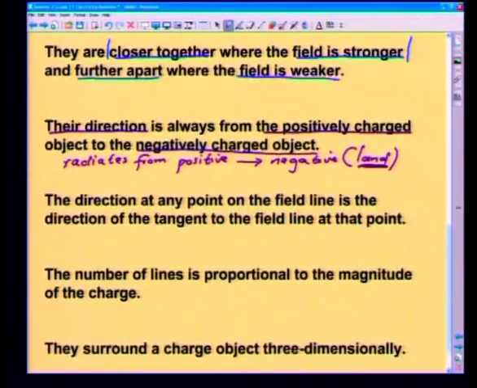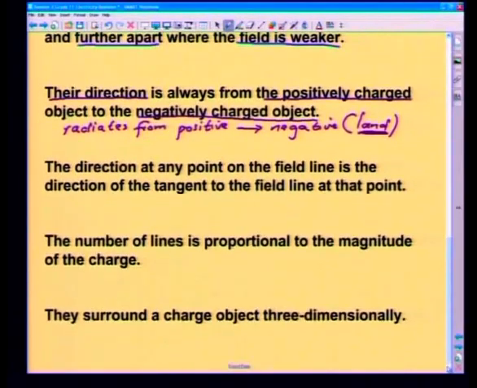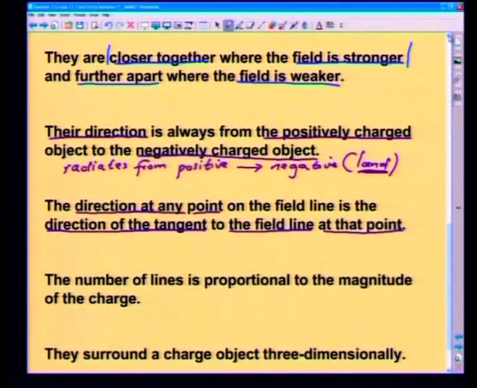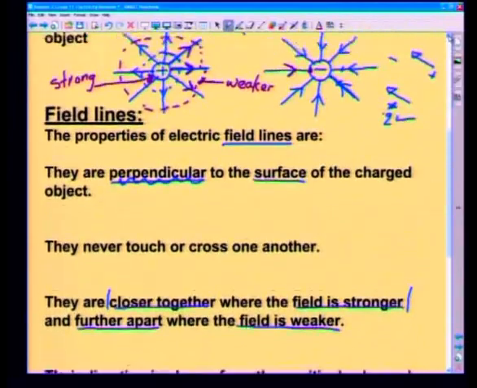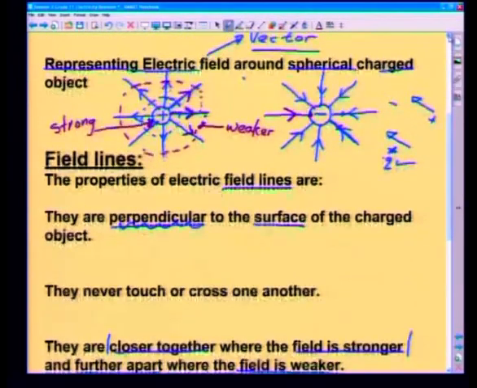The next property that we need to look at is that the direction at any point on the field line is the direction of the tangent to the field line at that point. Now, a tangent is a line that just touches the surface of that line without crossing it.